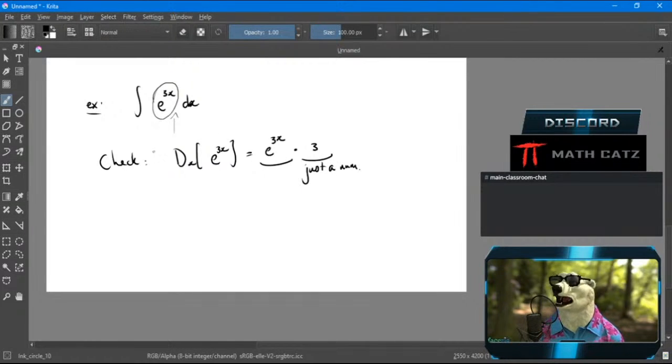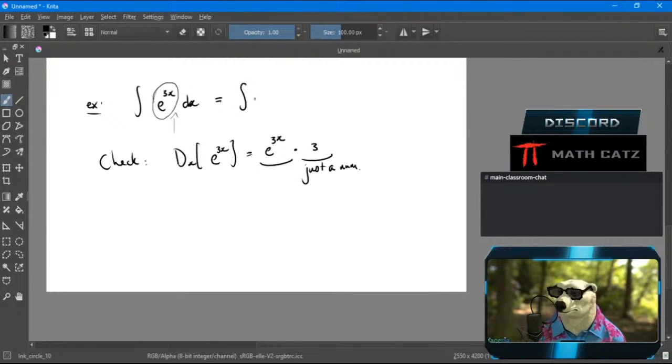Now we could go the same route as the reverse power rule, and there definitely is more than one way to go here, but to be consistent, I want to go the following way. I want to see both parts of the chain rule in my integral question portion.